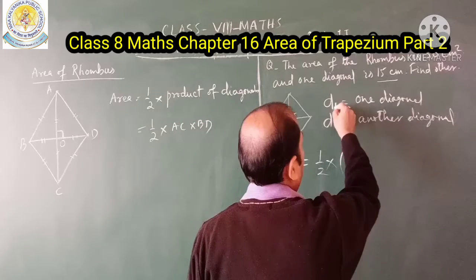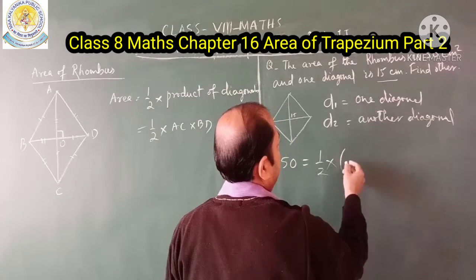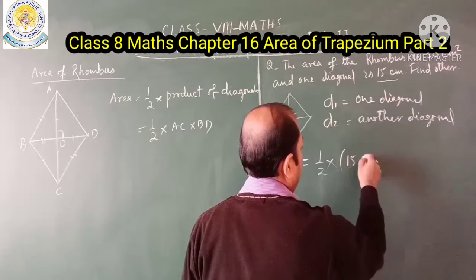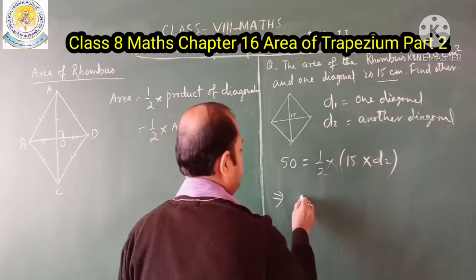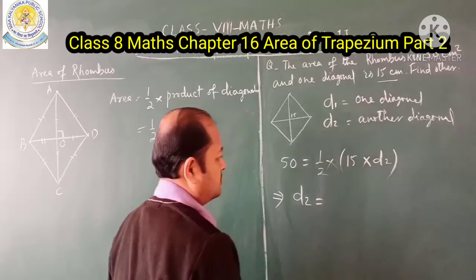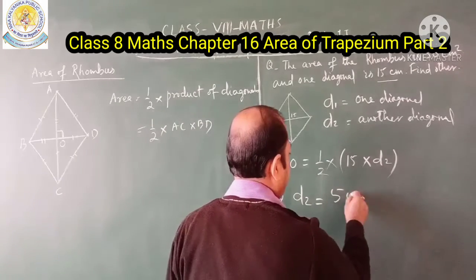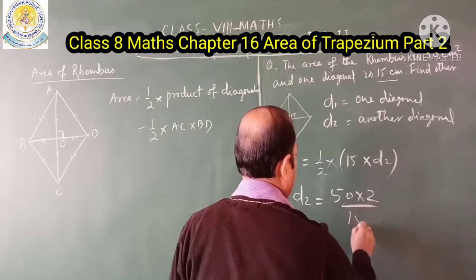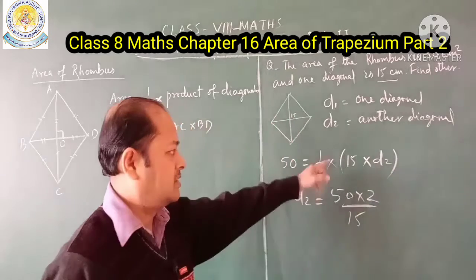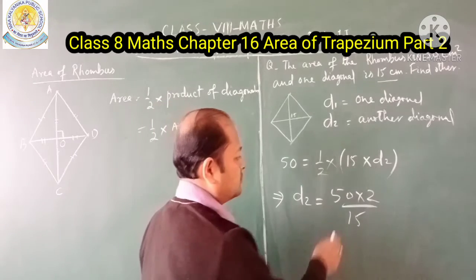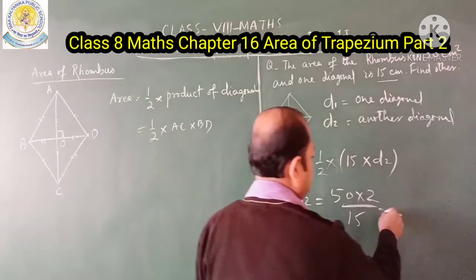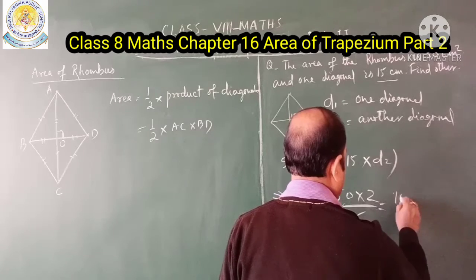Suppose D1 is given, that is 15 centimeter, and D2 we have to find out. What is D2 then? Taking the transpose, D2 equals 50 into 2 upon 15. Here the half and 15 are transposed. 50 into 2 is 100.